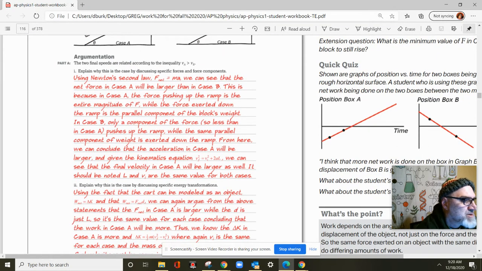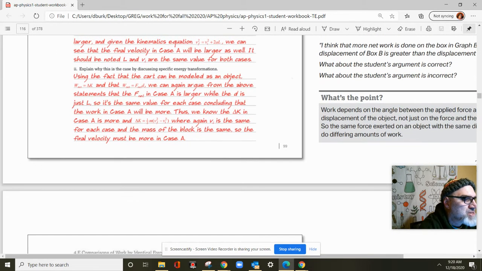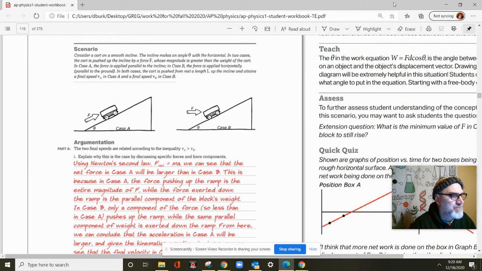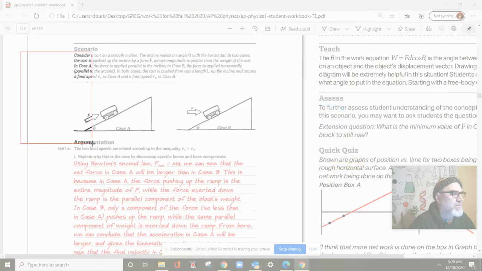And here is what I just said, using a lot of words, and you can pause the video and read that. Using energy transformations, why is it different? Well, again, basically, we look at work.